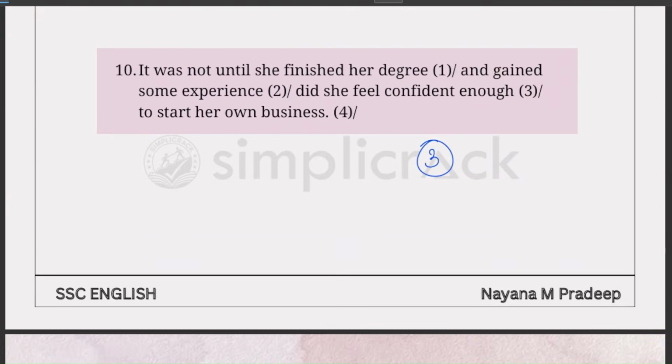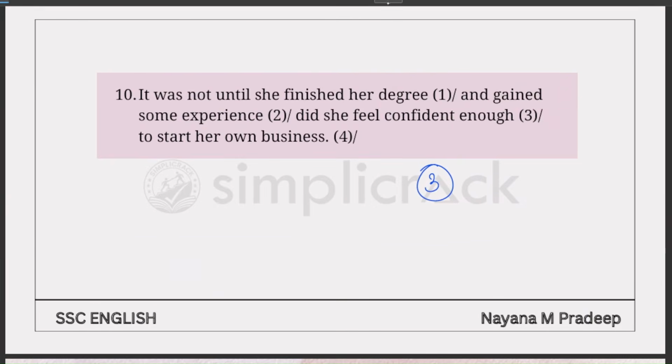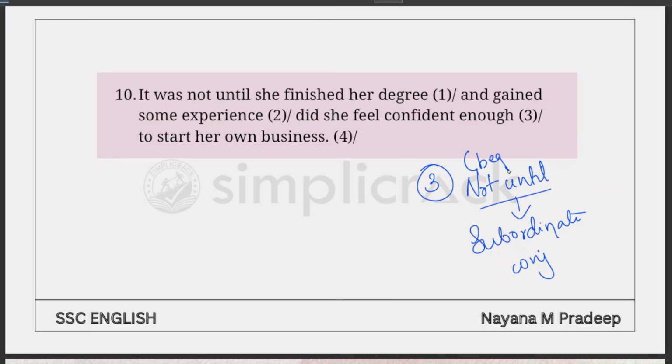Now we move on to the third case of inversion, which is regarding the use of not until. Now not until is a subordinate conjunction. So whenever you come across the subordinate conjunction not until in the beginning of the sentence, remember that this has to be in the beginning, then you have to use inversion, which means you have the verb plus subject.